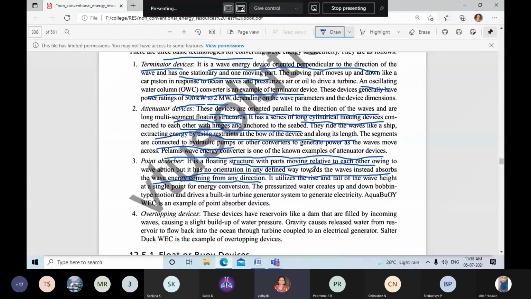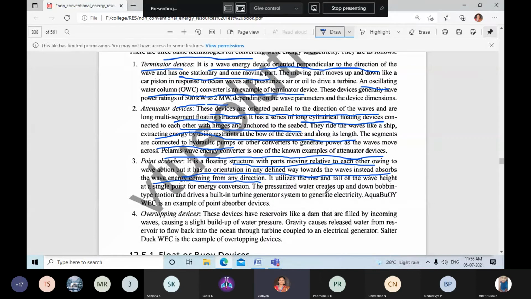Okay, it utilizes the rise and fall of the wave height. Here it absorbs the wave energy coming from any direction. It utilizes the rise and fall of the wave height at a single point for energy conversion. Okay, in the heading only it is a point absorber.